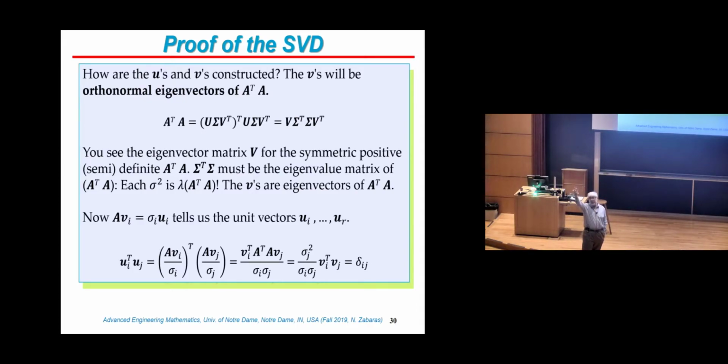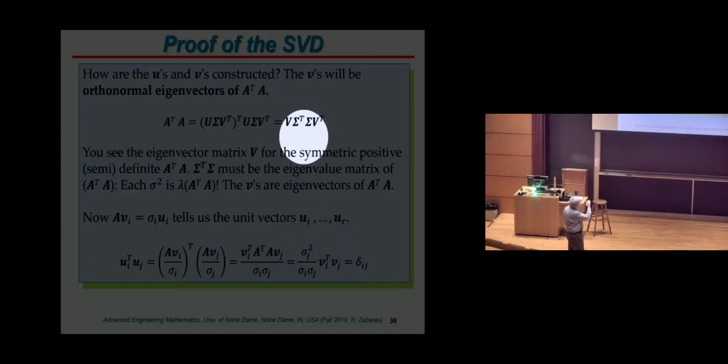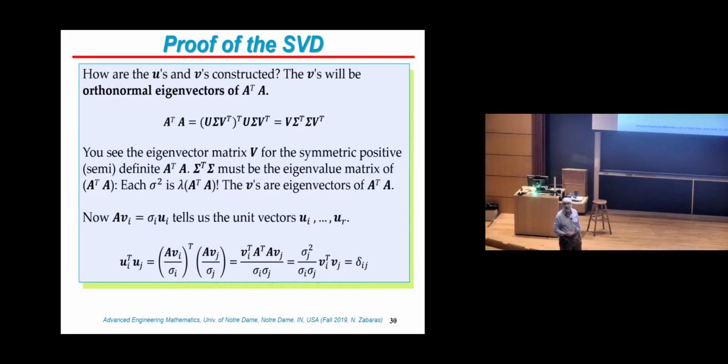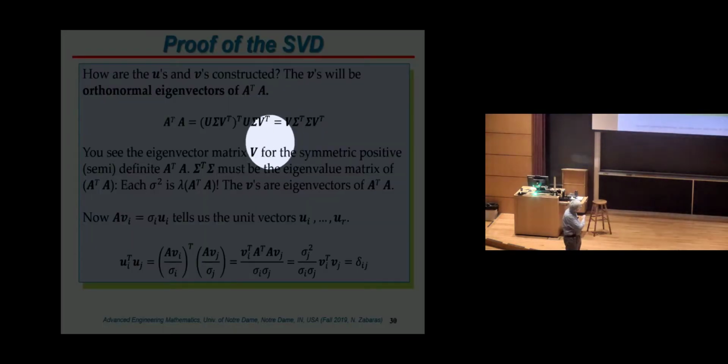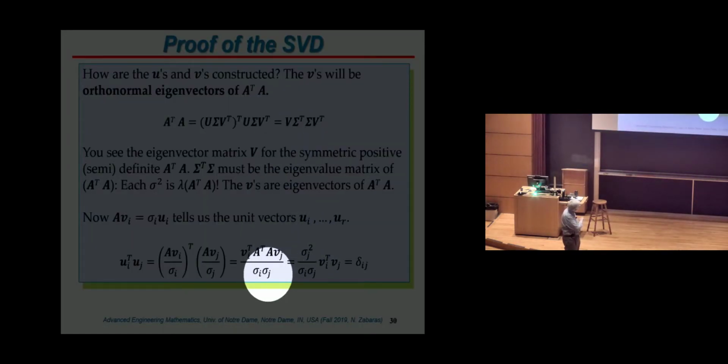Because we just proved before that vj is what? What did we prove up there? That vj is an eigenvector of A transpose A with what eigenvalue? Sigma j squared. So what you get is sigma j squared divided by sigma i sigma j times vi transpose vj.